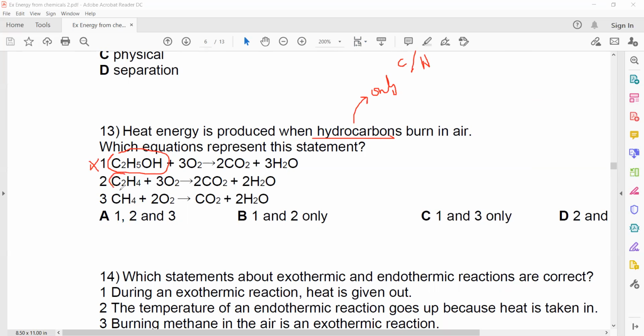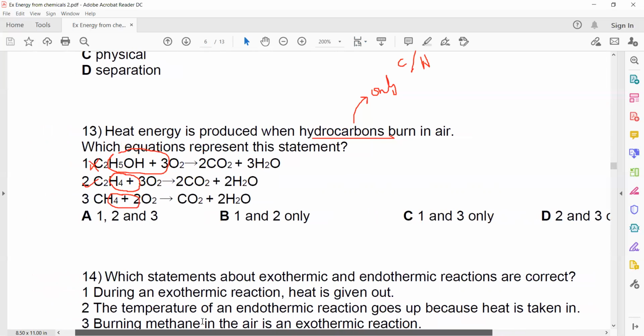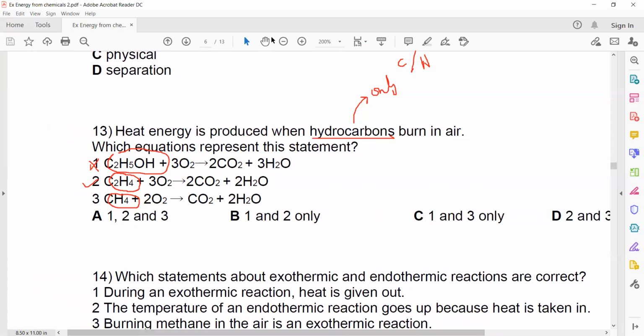The second and third contain carbon and hydrogen, so they are hydrocarbons. So reactions 2 and 3 contain hydrocarbons, that's why D is the correct answer.